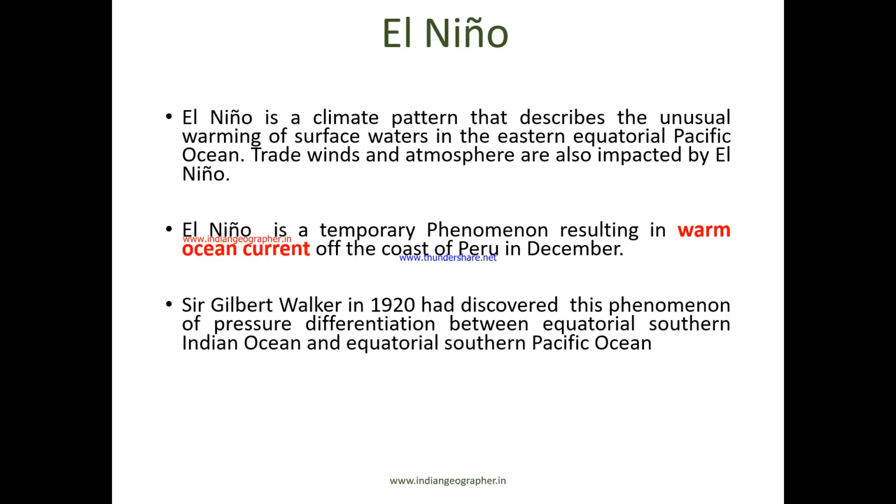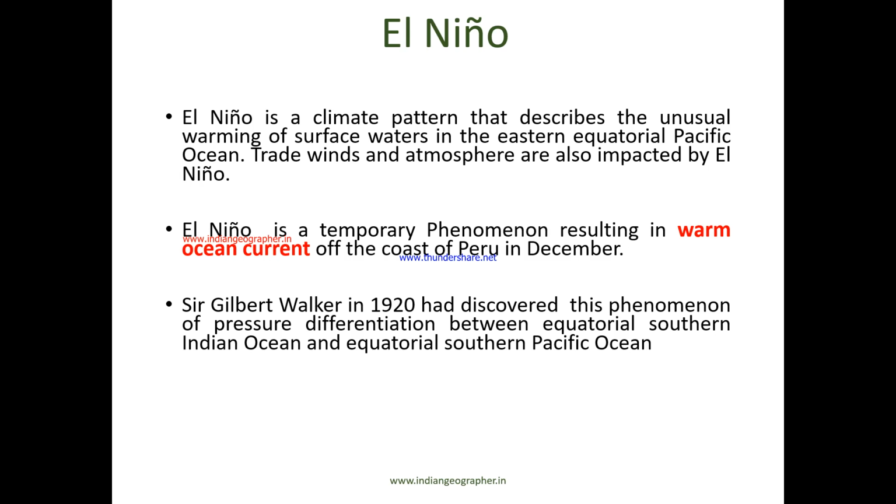So El Nino is nothing but a temporary phenomenon wherein it results in a warm current flowing along the coast of Peru during December months. Now, as you already know, along the Peruvian coast we have a cold current which is termed the Peruvian current or the Humboldt current.